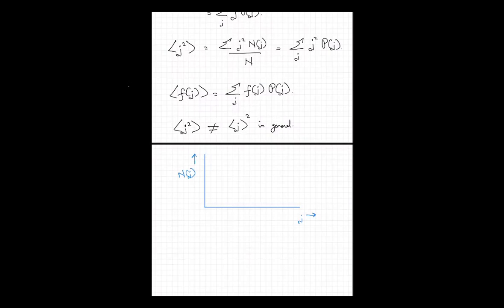Now, in a general population, I can get somebody with age 3, some 2 people with age 4, some 7 people with age 2, whatever it is. One guy with this age, one guy with this age, there could be a spread of the number of people with some age j.